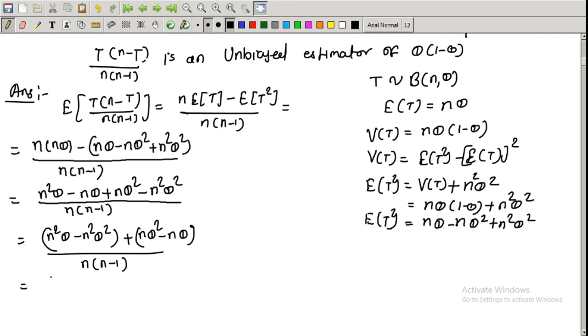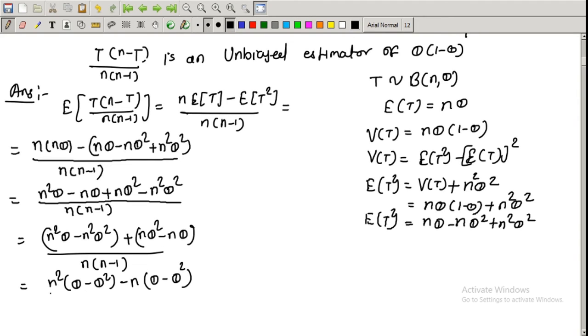From the first term, if I take n square common, what is remaining? Theta minus theta square. From the second term, if I take minus n common, what is remaining? Theta minus theta square, correct?